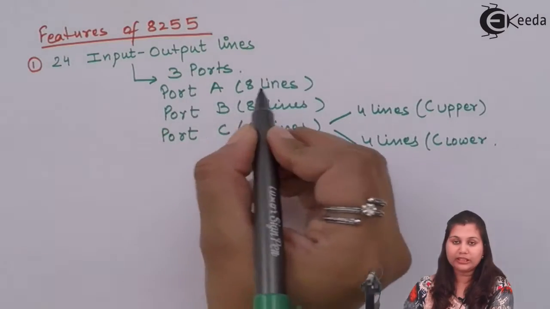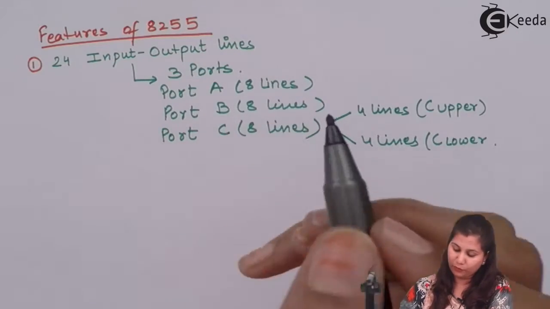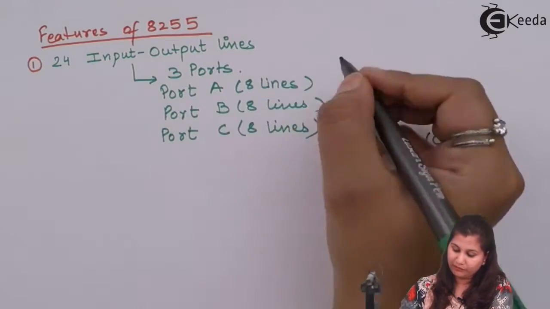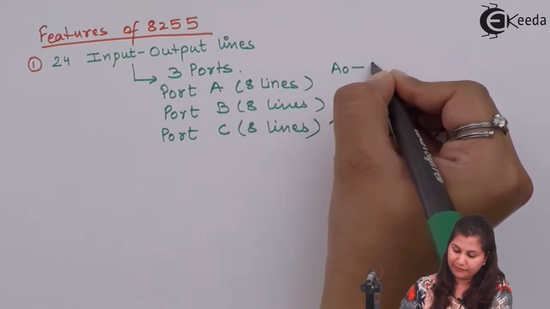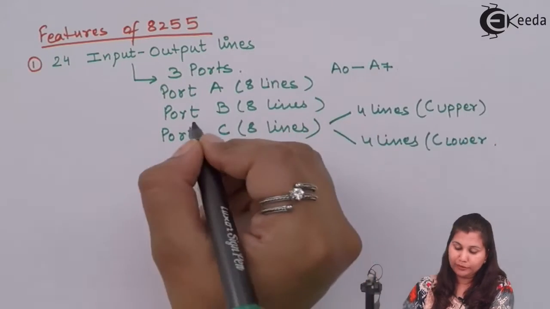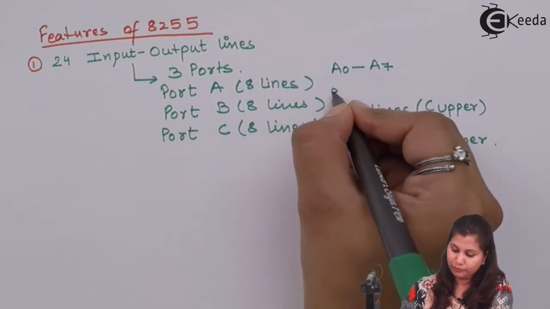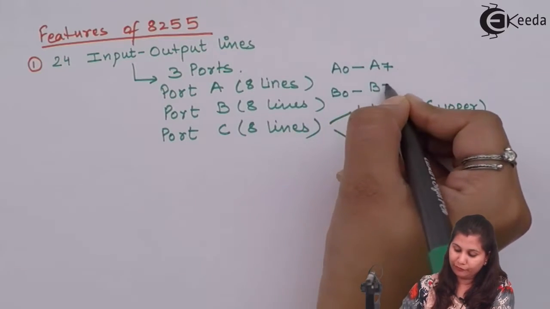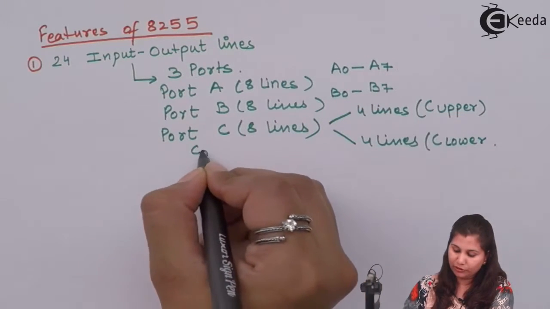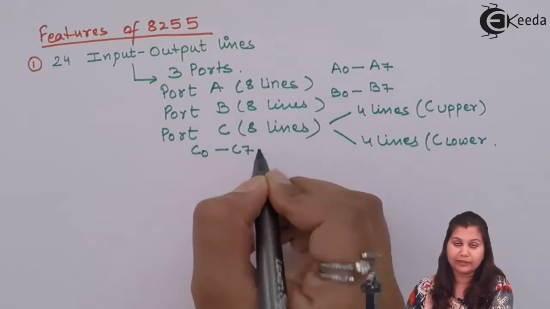So if we denote the 8 lines of these ports, then for port A we will have A0 to A7. For port B we will have B0 to B7. And for port C we will have C0 to C7.